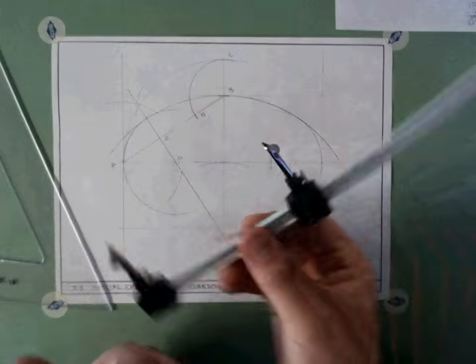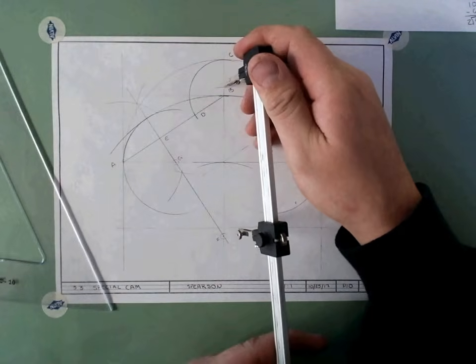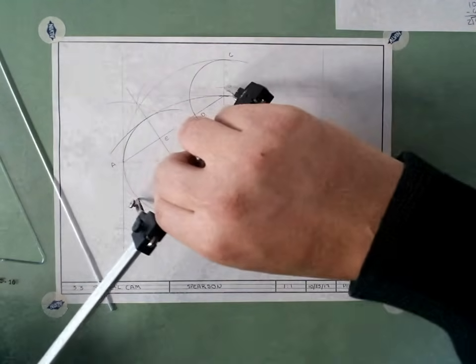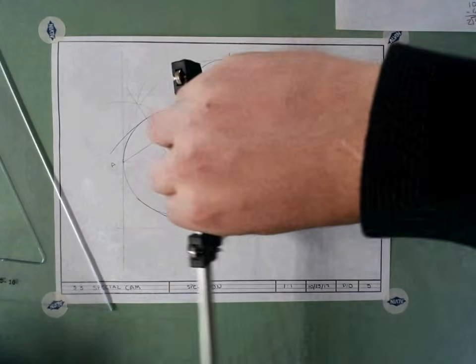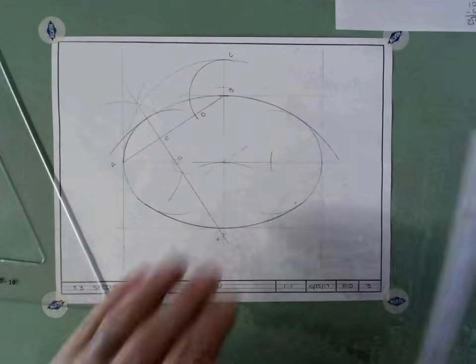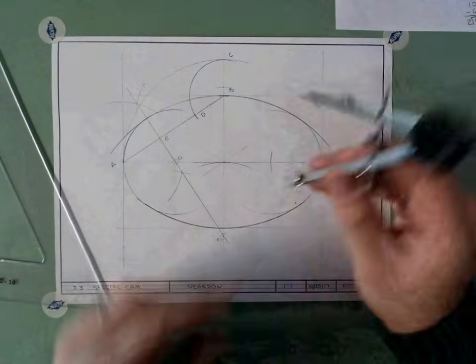So now what do I do? I grab my beam compass and set this point up here. Now I haven't touched this beam compass, and now I'm just going to simply scribe it. Boom. Look at that. Now I have my complete ellipse.